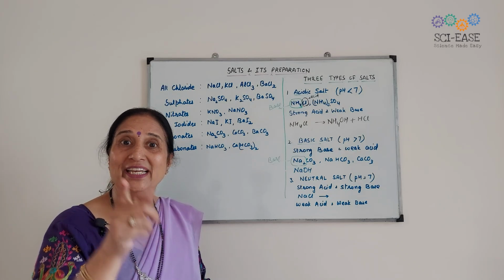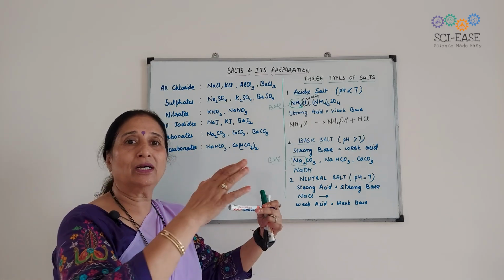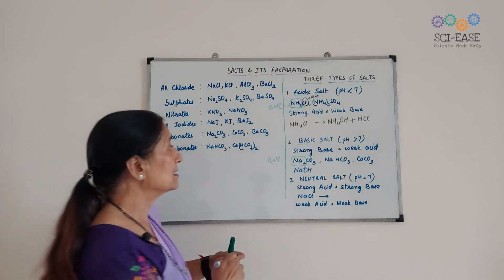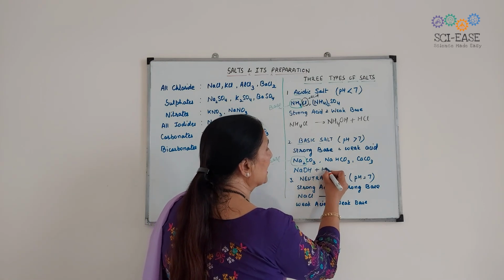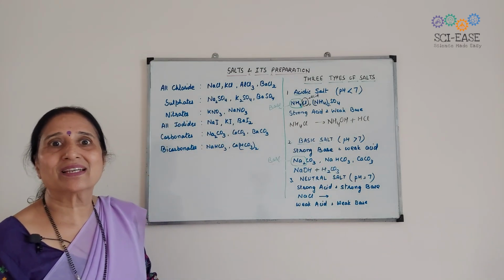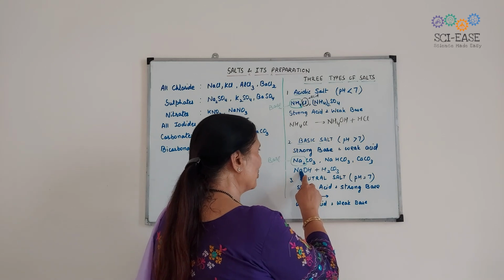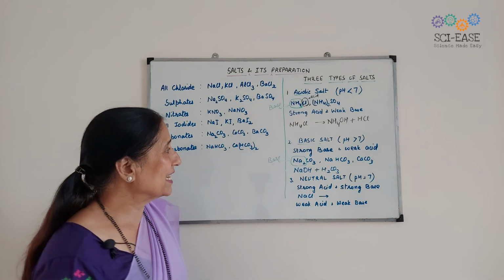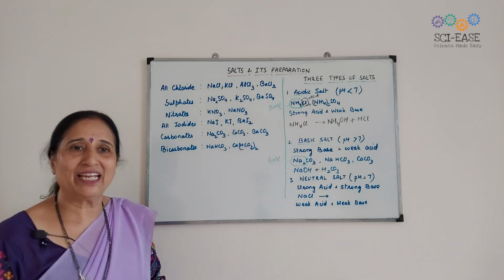I have told you already in my first video about strong acids and strong bases, then weak acids and weak bases. Here the weak acid is H2CO3, and the name of this acid is carbonic acid. So, when sodium hydroxide reacts with carbonic acid, this will result in the formation of sodium carbonate.